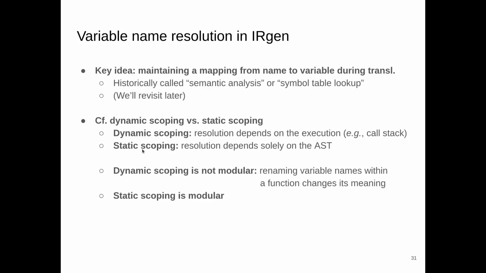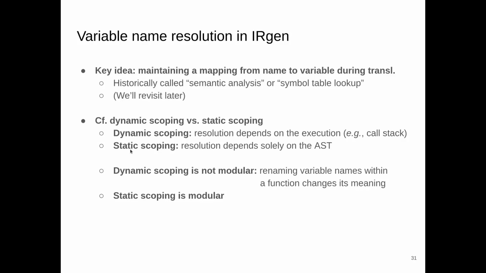So here's the definition. In dynamic scoping, the name resolution depends on the execution, like the call stack. On the other hand, in static scoping, name resolution depends solely on the abstract syntax tree, like in C. So JavaScript or even Python is dynamic scoping in some sense, and C, C++, C#, and many compiled languages are static scoping.